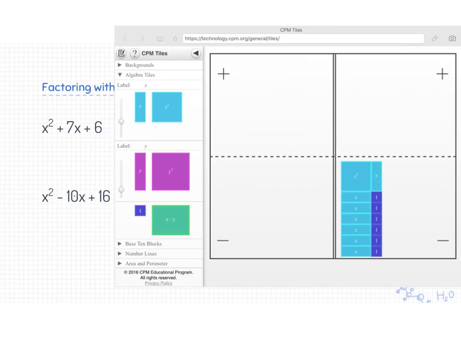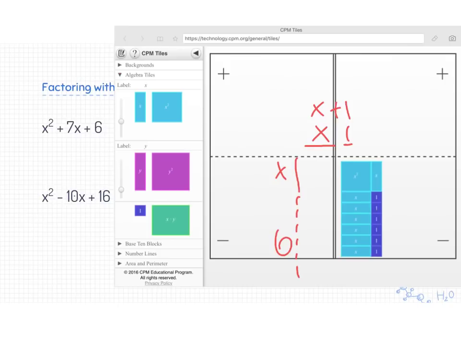As we look at that, across the top, this distance here is x, and this distance here is 1. So we would say this is x plus 1. And then this distance here is x, and then we have 2, 3, 4, 5, 6 ones.